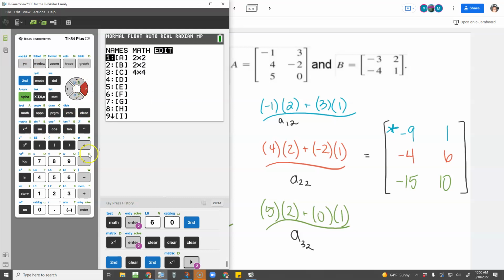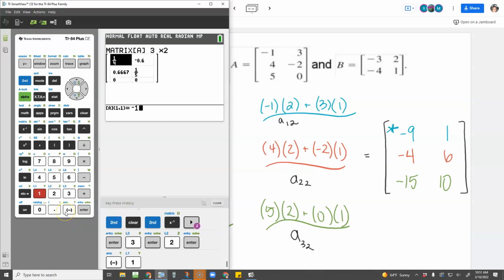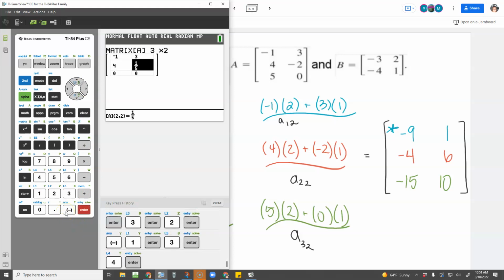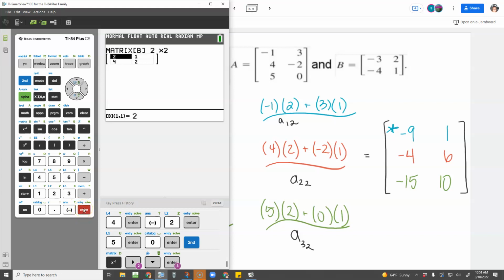Alright, I have to put both of them in. Okay, I have to put this one in, and it's going to be a 3 by 2. And then I have to go through and put all of my entries: a negative 1, then a 3, then a 4, then a negative 2, then a 5, and then a 0. That's A! Yay! Now what do I have to do? Okay. I go edit, and then I make B, and I have to make B whatever its size is, a 2 by 2, and then I do a negative 3, a 2, a negative 4, and a 1.